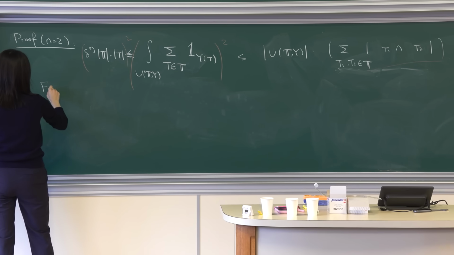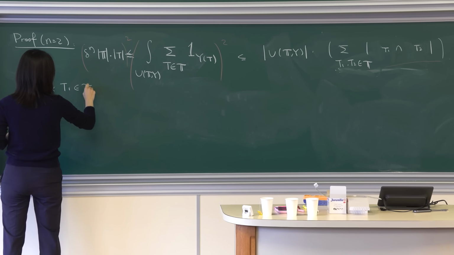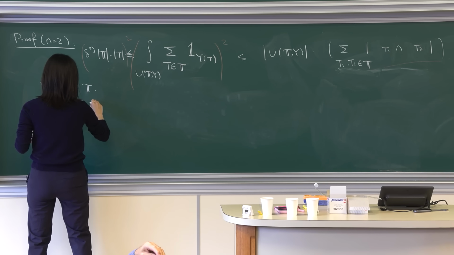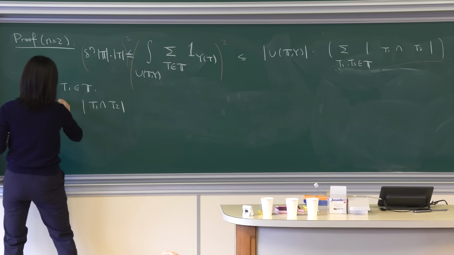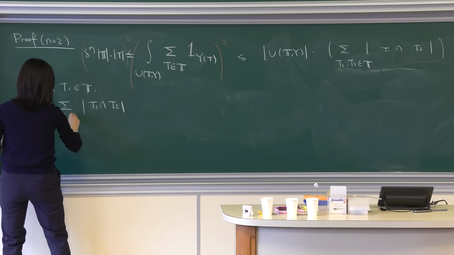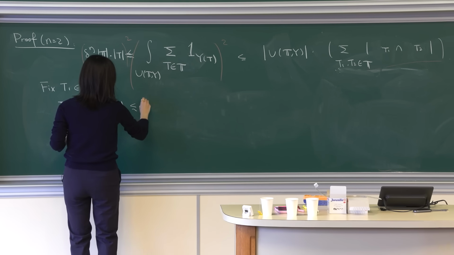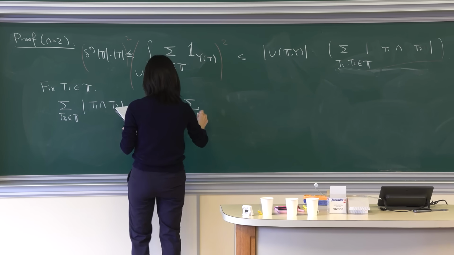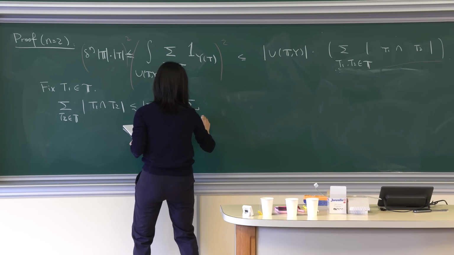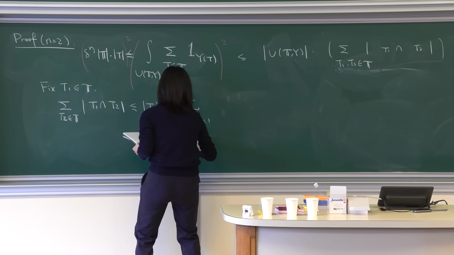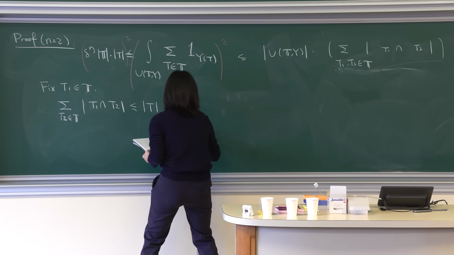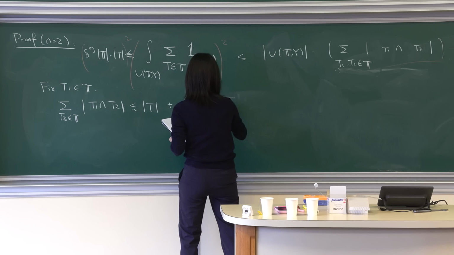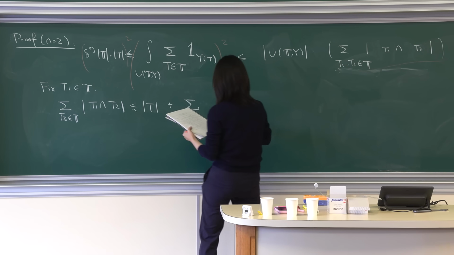Then fix T1 in the set of tubes. We know that the sum over T2 in the set of tubes of the volume of T1 intersect T2 is less than the sum over dyadic rho, where rho ranges over the dyadic numbers between delta and 1, so there are log(1/delta) many terms.